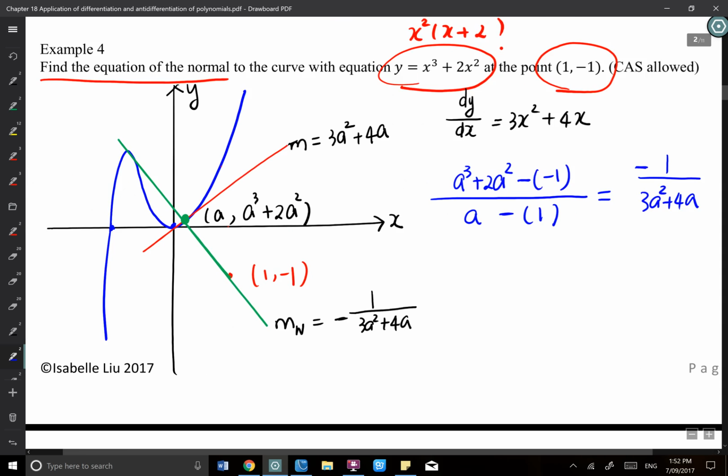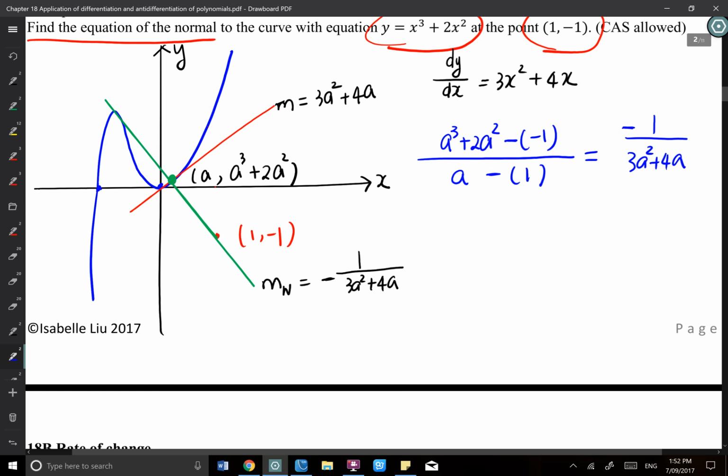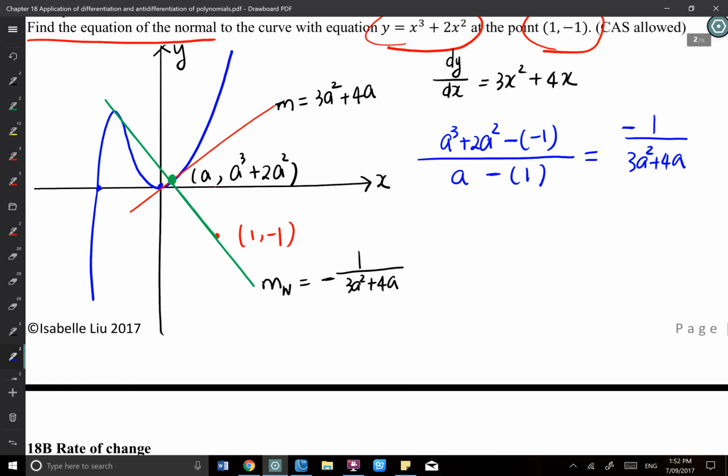The gradient of that line is minus 1 over 3a squared plus 4a. Therefore, with the 2 points on the line, I use y2 minus y1 over x2 minus x1 to find the gradient, then set it equal to that. That's the equation, and I can solve for a.